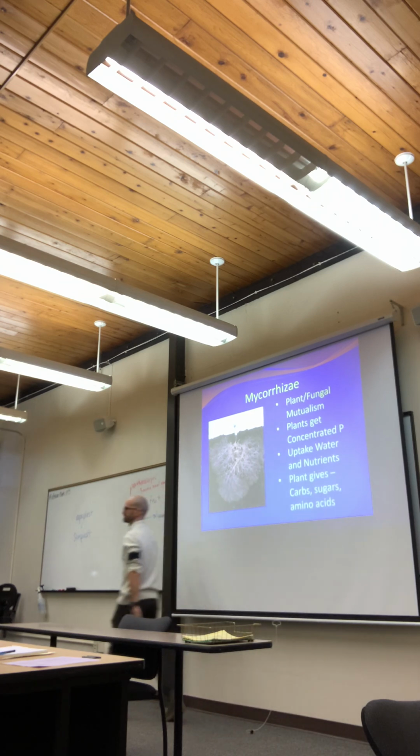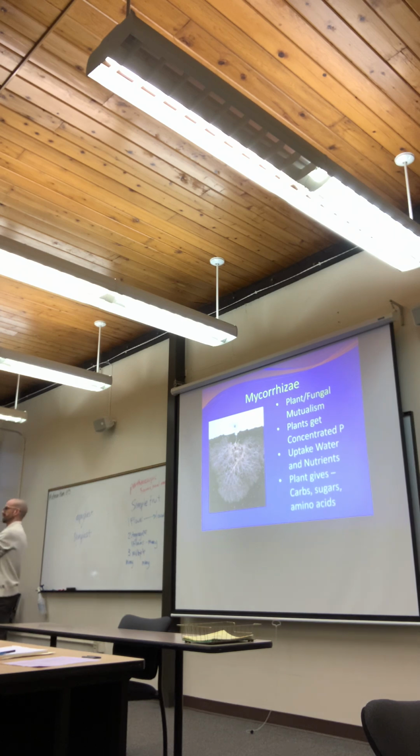So we talked about the rhizobia giving the plant nitrogen, or the mycorrhizae giving the plant phosphorus, and then both getting those more complex carbohydrates from the plant that is good at synthesizing those things and making them available.